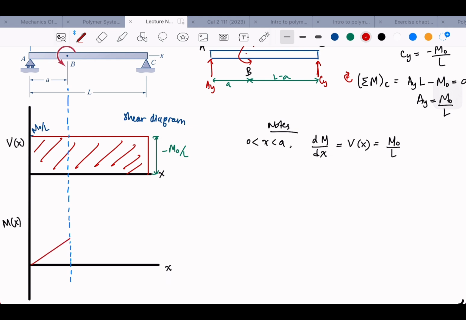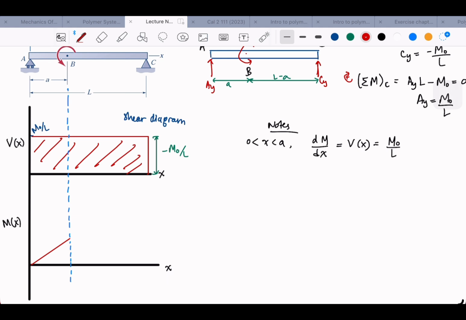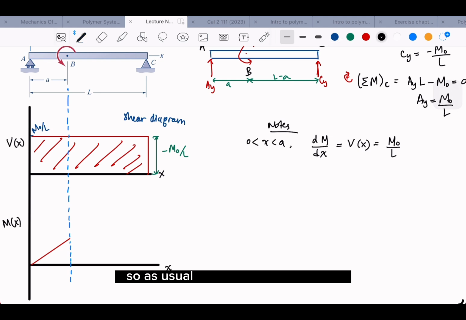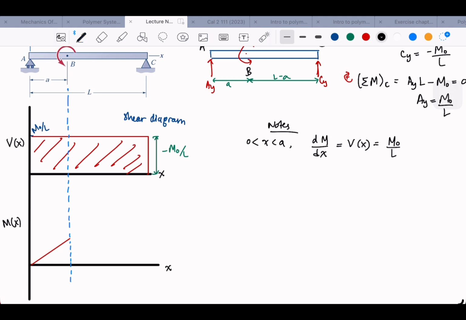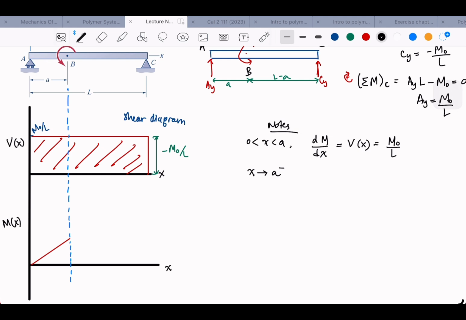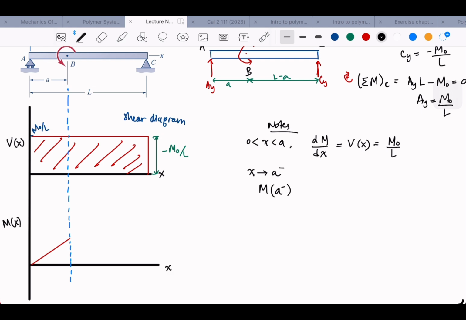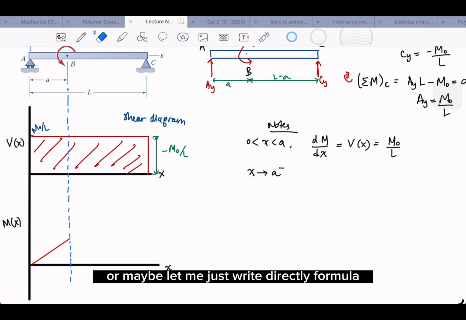And then we need to describe what is happening when x equal a. Oh, maybe before that, forgot to write the MA. So as usual, by calculus, we can take x approaching a from the left, or maybe let me just write the formula directly.